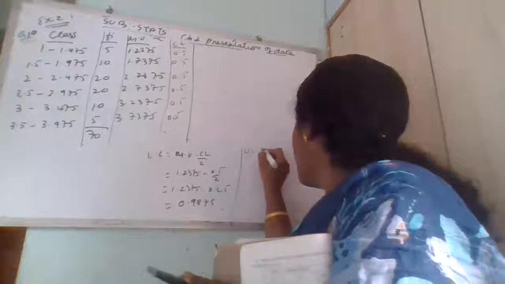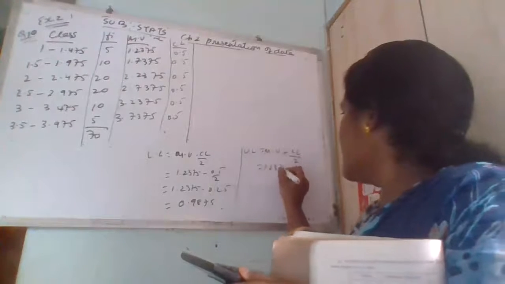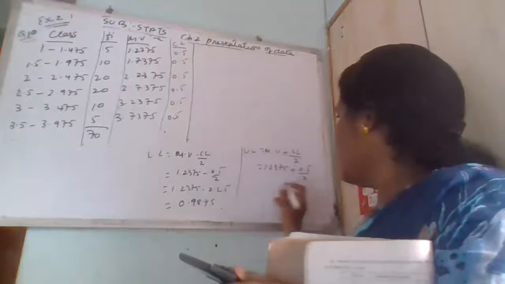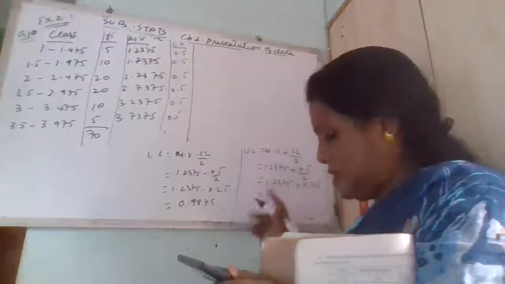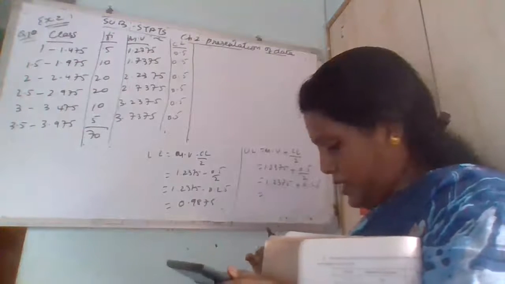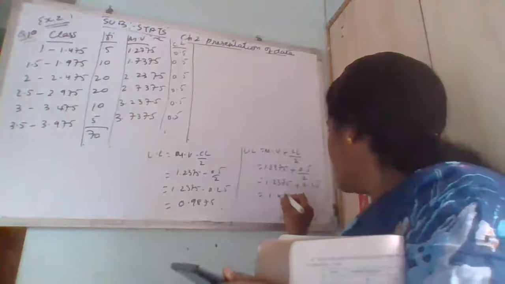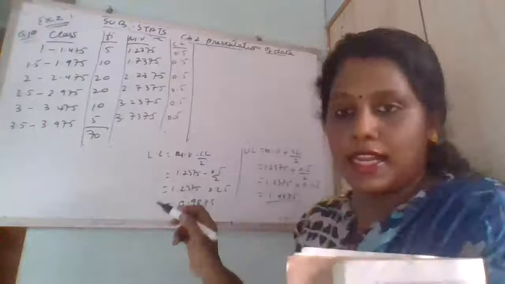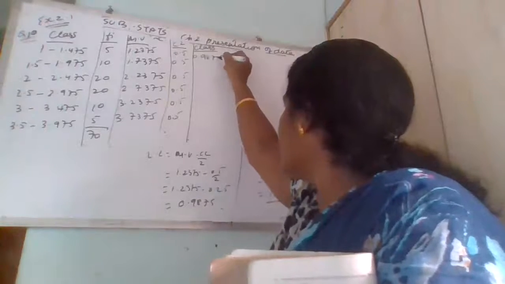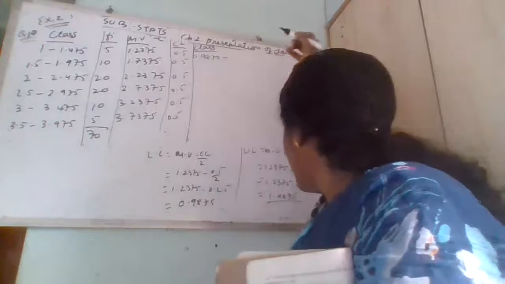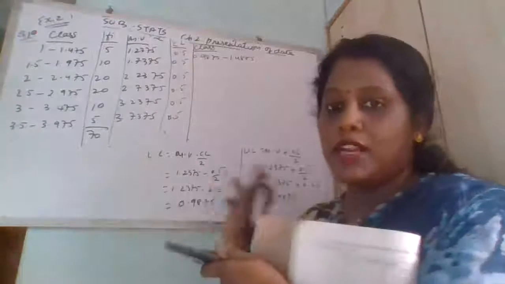Now upper limit is mid value plus class length upon 2, so that is 1.2375 plus 0.5 divided by 2, that is 1.2375 plus 0.25, 1.4875. तो हमारा फर्स्ट क्लास क्या बना? 0.9875 to 1.4875, राइट? ये हमारा फर्स्ट क्लास है.